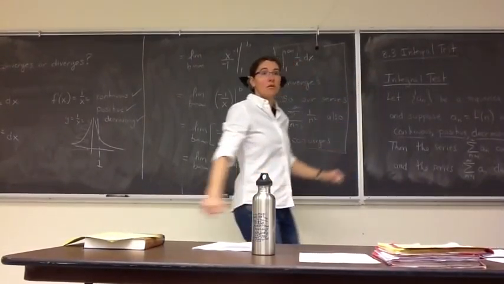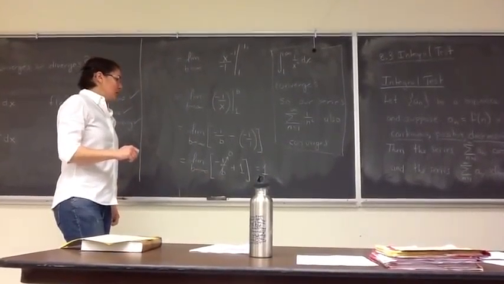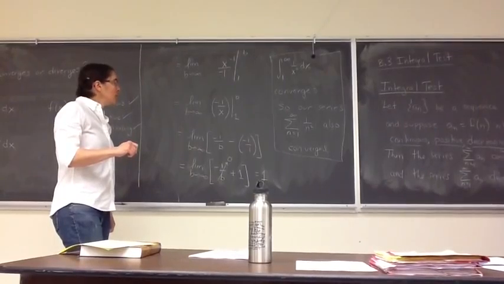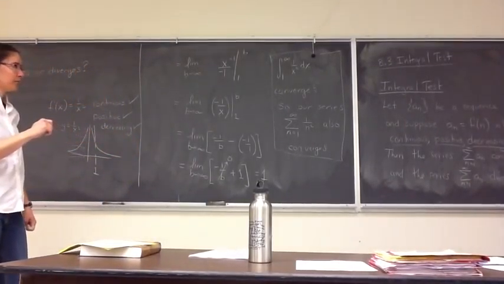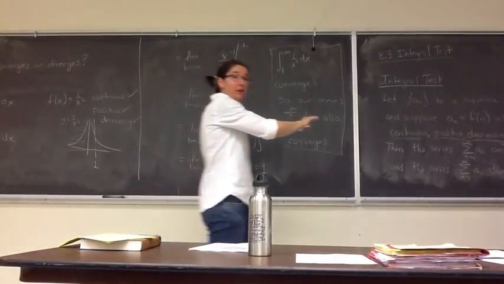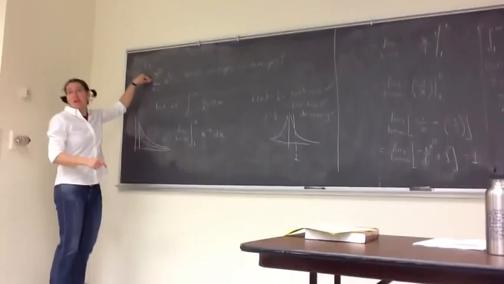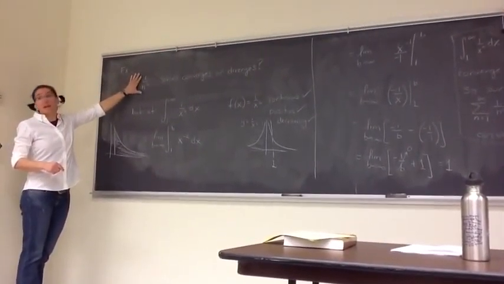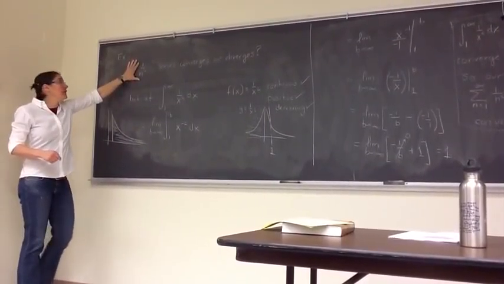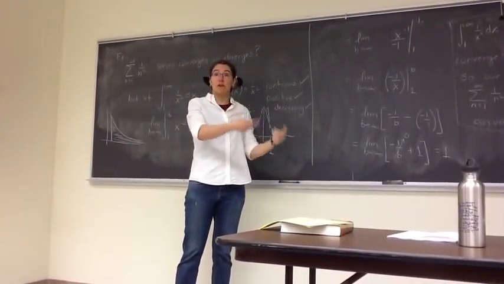So you're saying that if this came out to be 0, that this would be saying that it diverges? No. So here, when I look at my series, for example up here in this particular example, if I analyze just my terms, I can see that my terms go to 0, which means that tells me nothing about the series, and I need to go on and do another test.